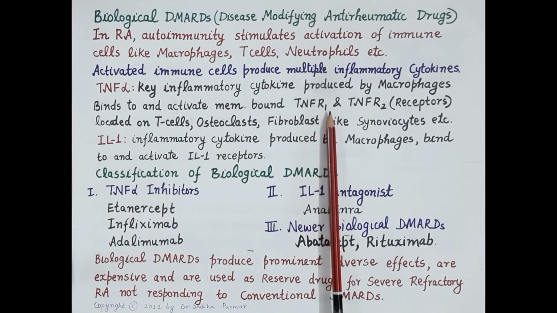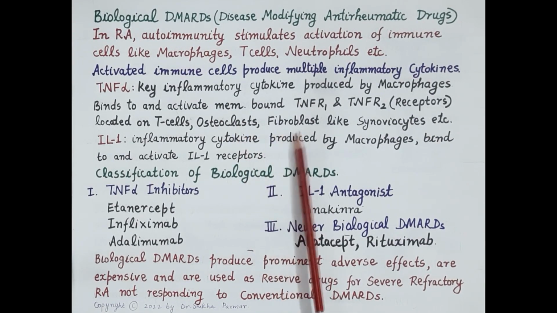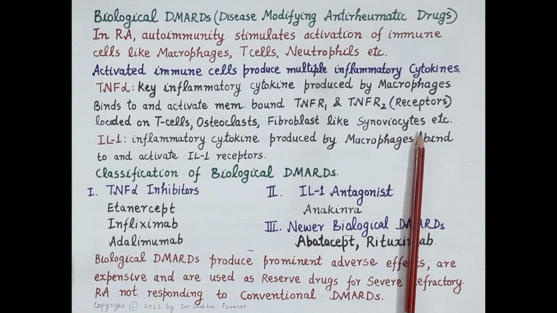Now, tumor necrosis factor that is released by the macrophages further activates T cells, and it also activates osteoclasts, which are bone destroying cells, and this tumor necrosis factor also causes multiplication or proliferation of fibroblast-like synoviocytes, responsible for thickening of synovial membrane and the formation of pannus.